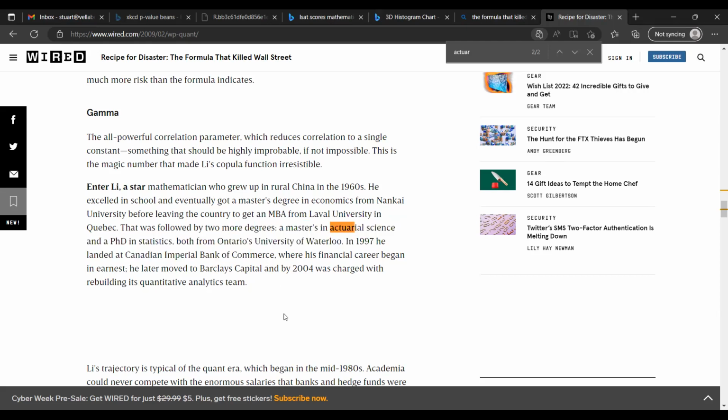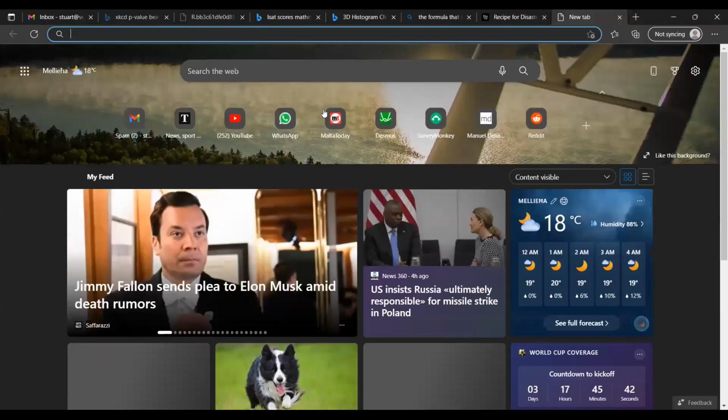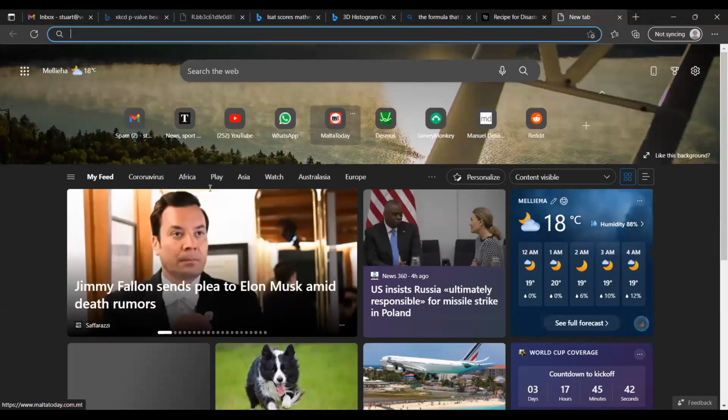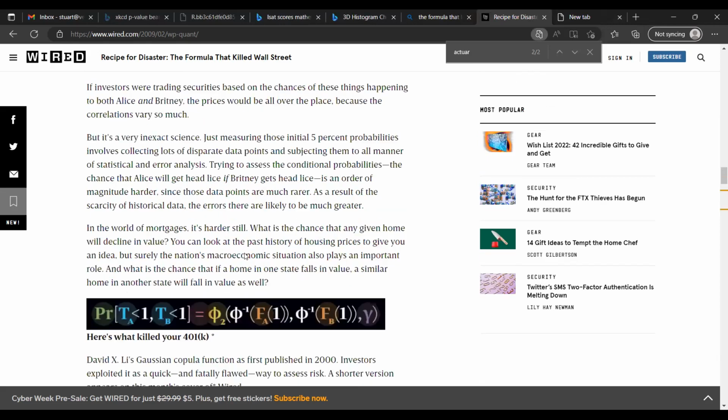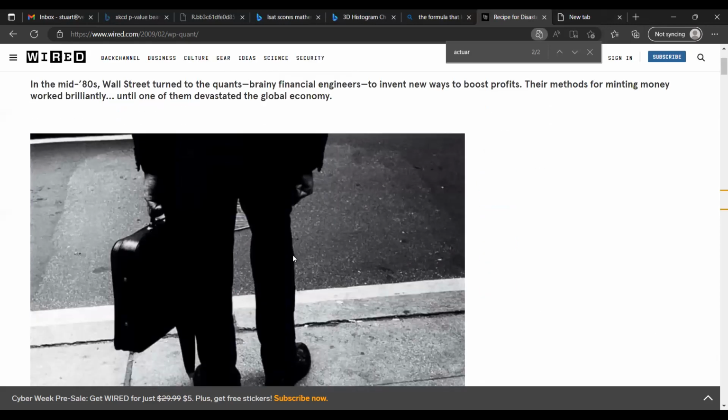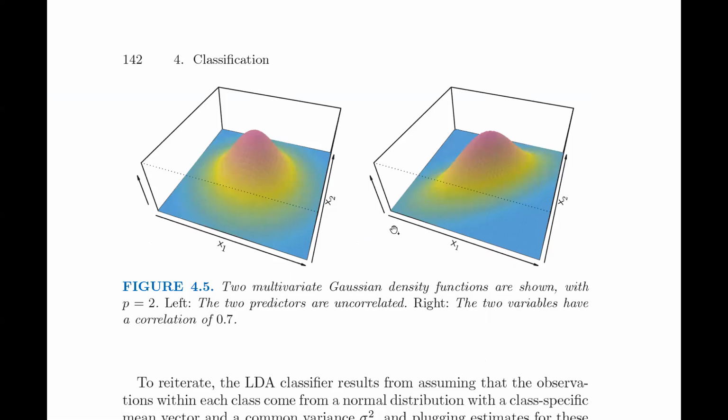Let's see if they're a member of the Actuarial Society, and maybe we can look them up at some point. But anyway, it's got a bit of bad press, if you can believe statistical distributions getting bad press. But I'm going to stop over here.